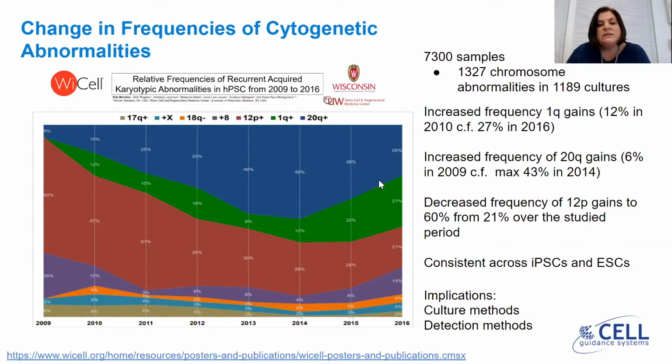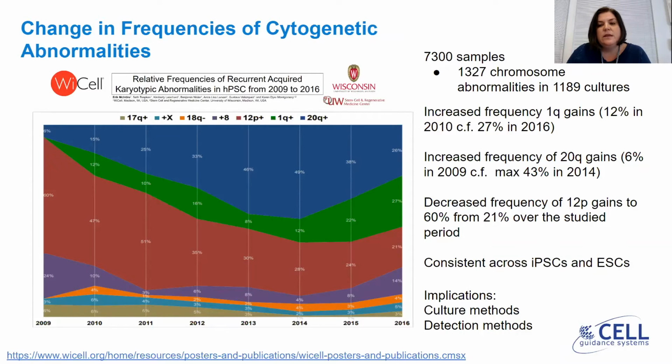They looked at 7,300 samples between 2009 and 2016. In these samples, they came across about 1,300 chromosome abnormalities in about 1,200 cultures, because some of these cultures will have had more than one abnormality.